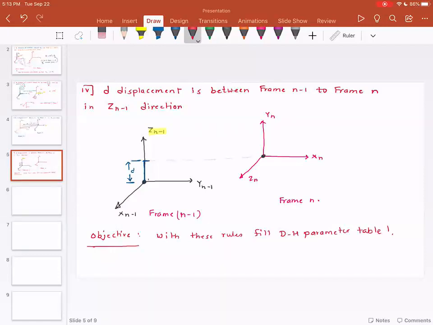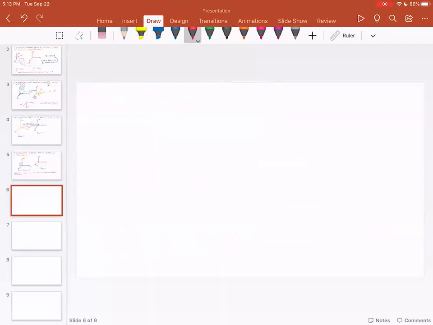Let me consider a simple robot. So what we have is, we have a robot. The first revolute joint, then I have a second revolute joint, and then maybe at the end I have a prismatic joint.